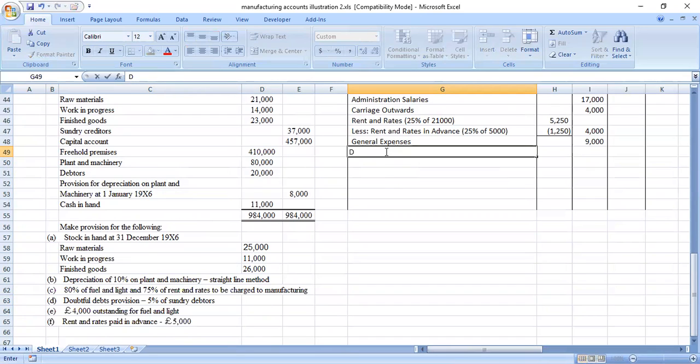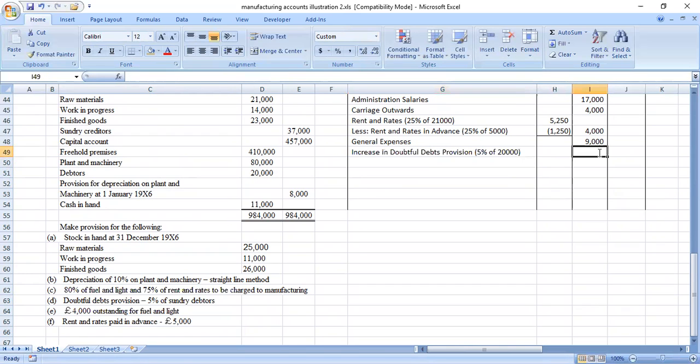So we have it here, increase in doubtful debts, that is 5% of sundry debtors. Sundry debtors is 20,000, sindio? So 5% of 20,000 is 0.05 times 20,000, which is 1,000 shillings.